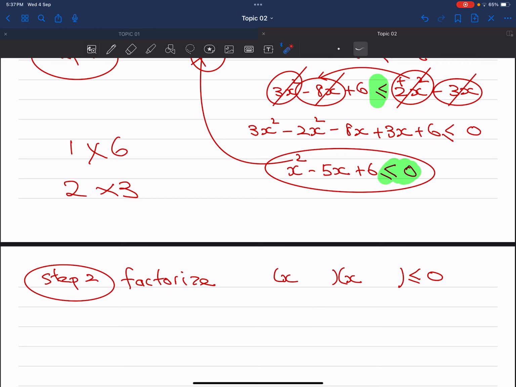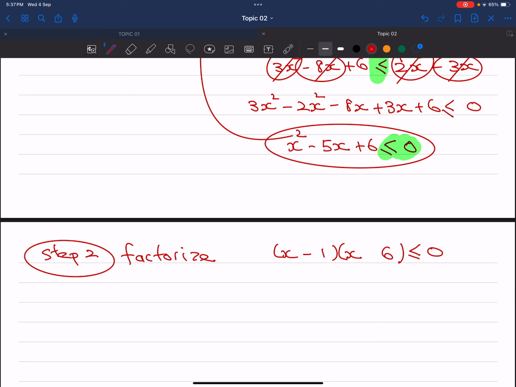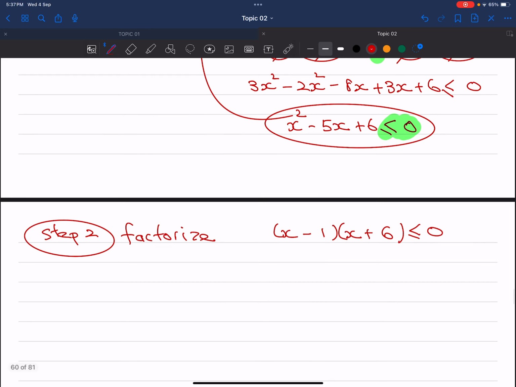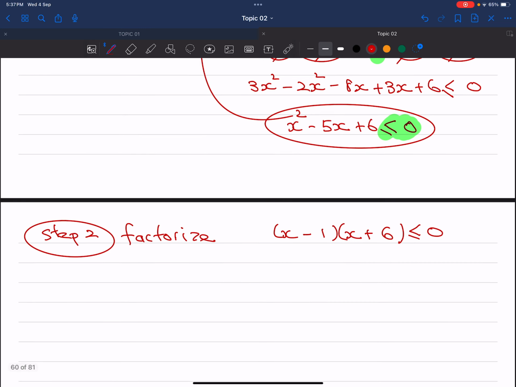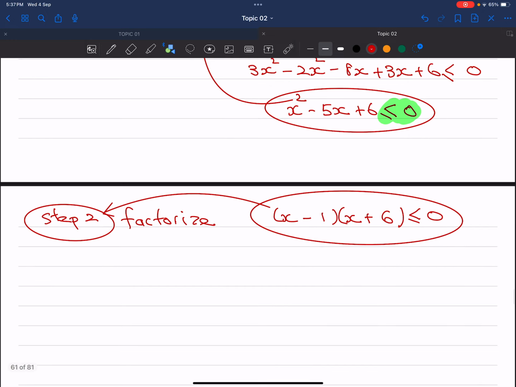If you use your calculator, it will be 1, 6, minus plus, normal factorizing. So I have done step 2, which is factorizing.